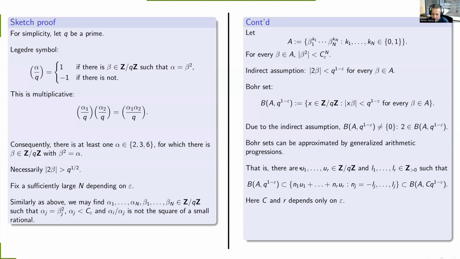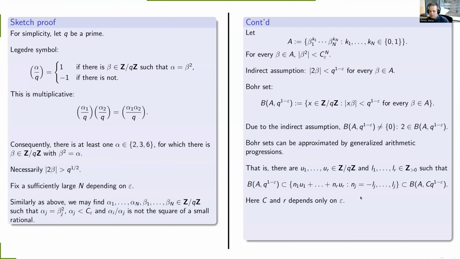Given the Bohr set, I can find elements u1 up to ur and integers corresponding to them, L1 up to LR, such that if I form the generalized arithmetic progression, which consists of all the linear combinations of my u1 up to ur, I think about these as basis vectors, and I let the coefficients nj go from minus Lj to Lj.